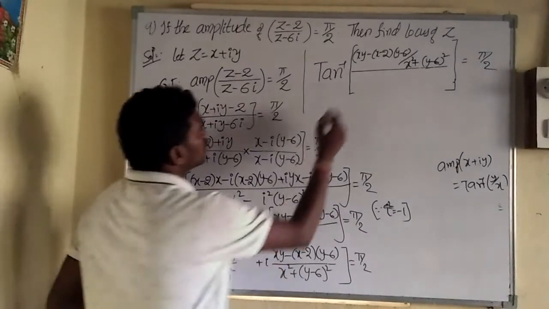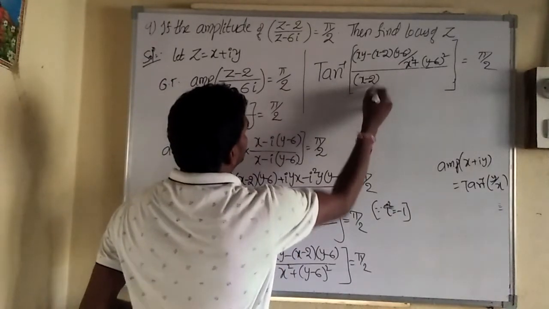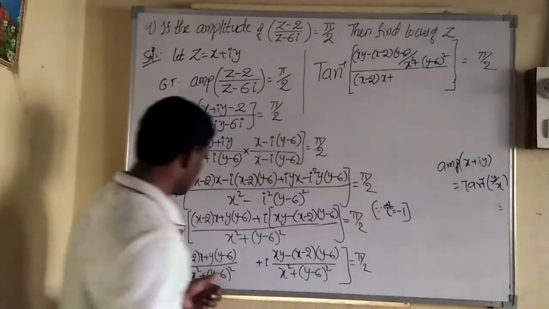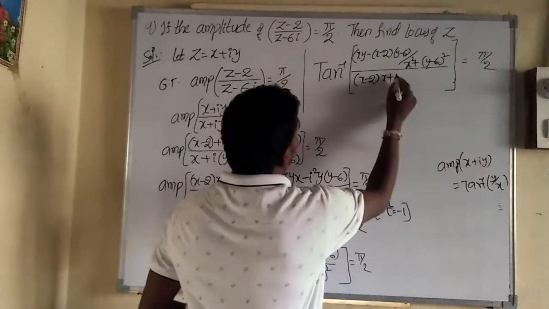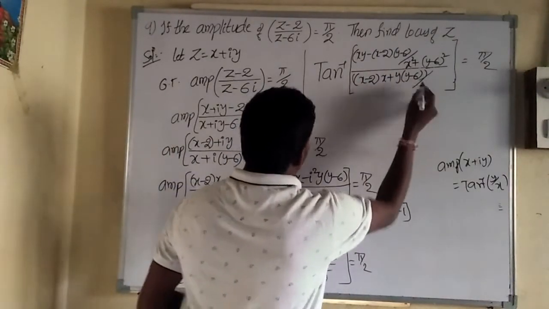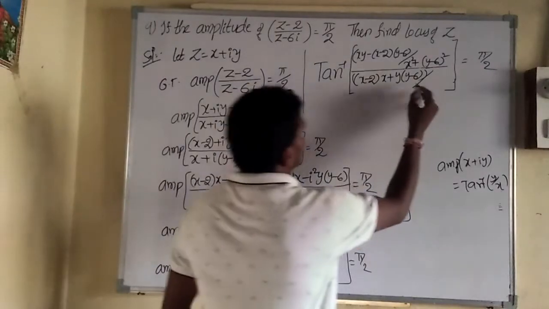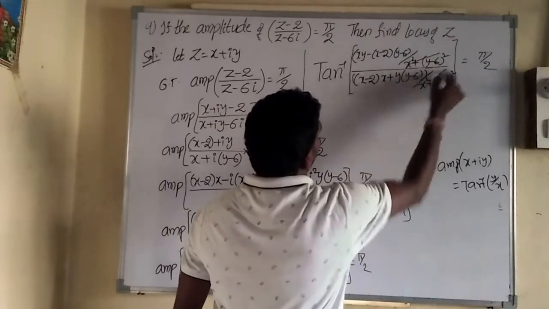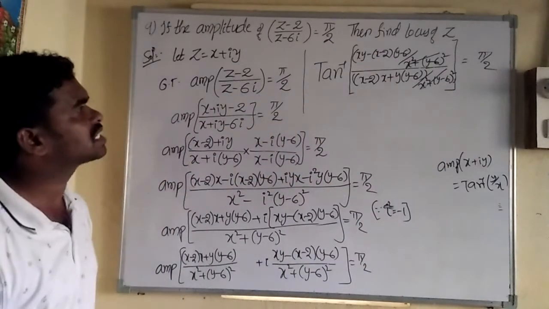What is the real part? (x - 2)(x) + y(y - 6) by (x² + (y - 6)²). Both denominators are the same, so they can be cancelled.